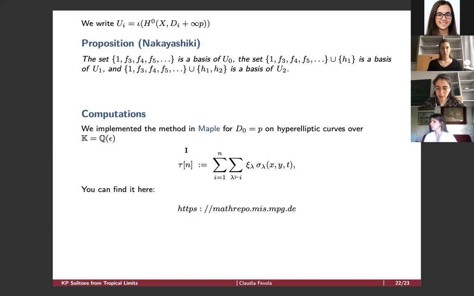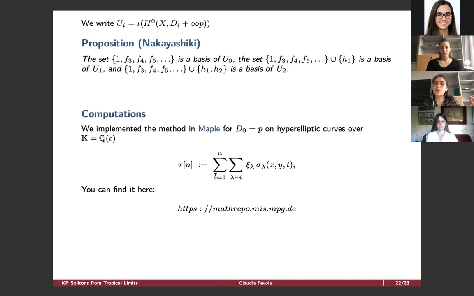But mostly, we used this construction for implementing a method in Maple that, taking a hyperelliptic curve and a divisor on it, gives us a tau function.